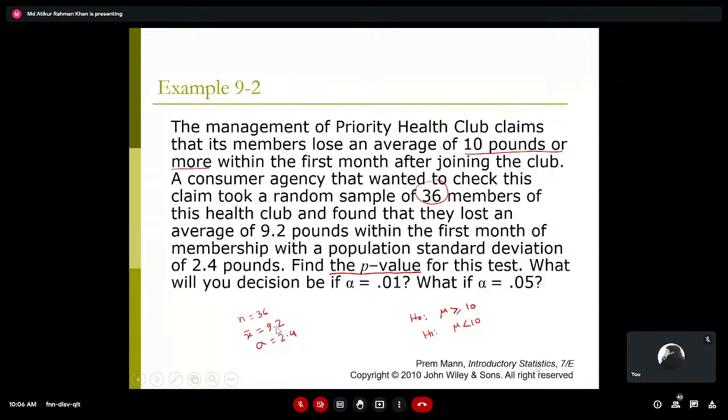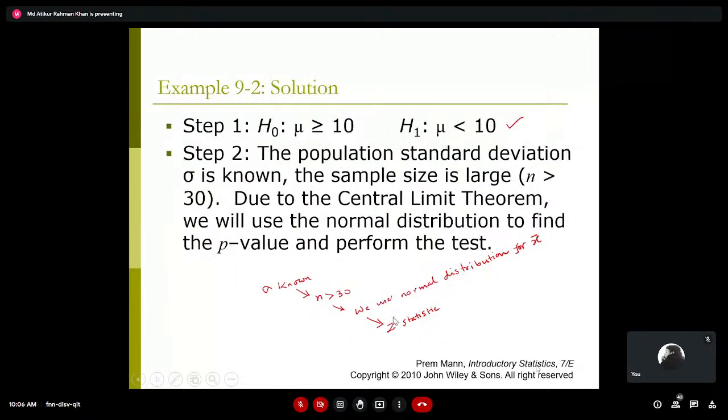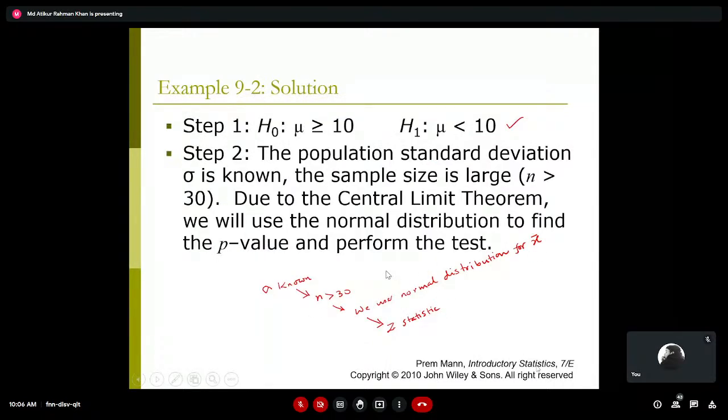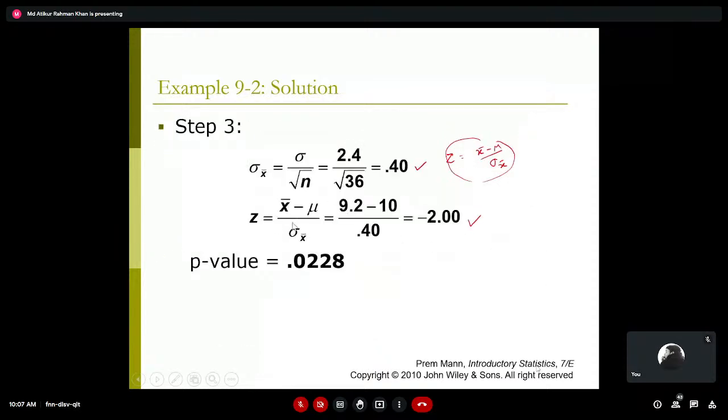Now, what is the value of mu? 10. Why is this 10? Because mu always comes from the null hypothesis. That is the reference value in the null hypothesis, right? Good job. So we use mu equal to 10. Now we got the value of Z.